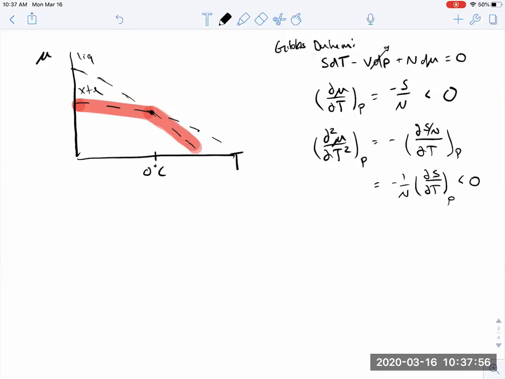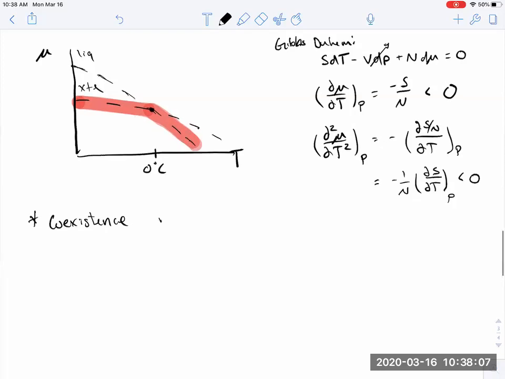So generically, we would say that coexistence, where we see both liquids and crystals, requires equality between the temperature, the pressure, and the chemical potential.